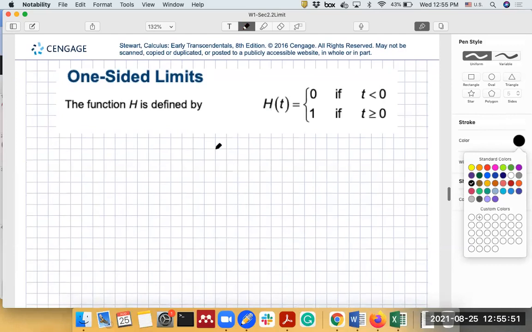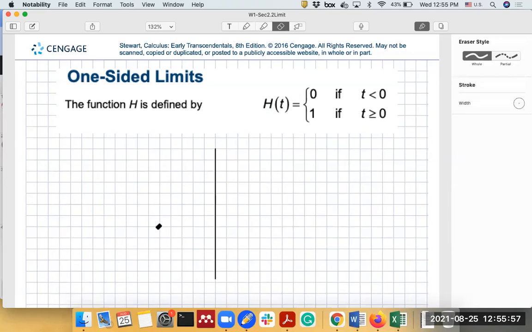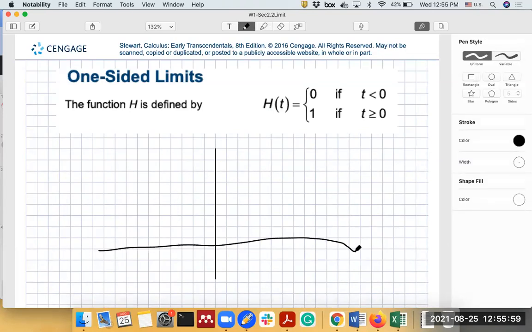Let me know how it looks. This is the function of t, and let us just call the axis t, and here h of t, right?